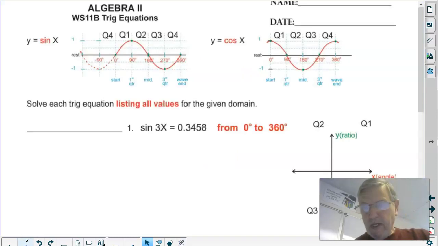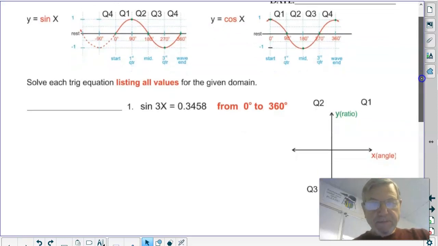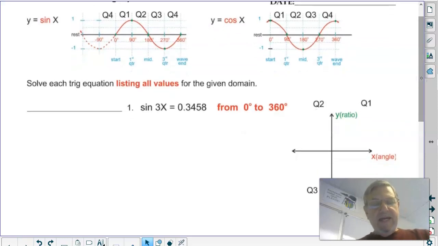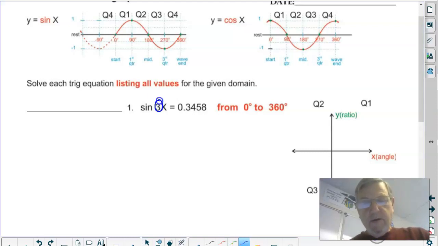Trig equations. So we've got a couple things going on now. We have to take care of not only a possible change in the domain, but also a change in the period. All right, so before I do anything here, I have to take note of this 3 right here.